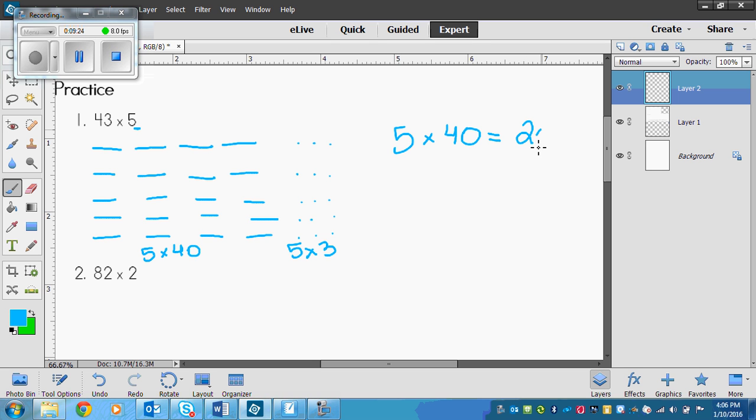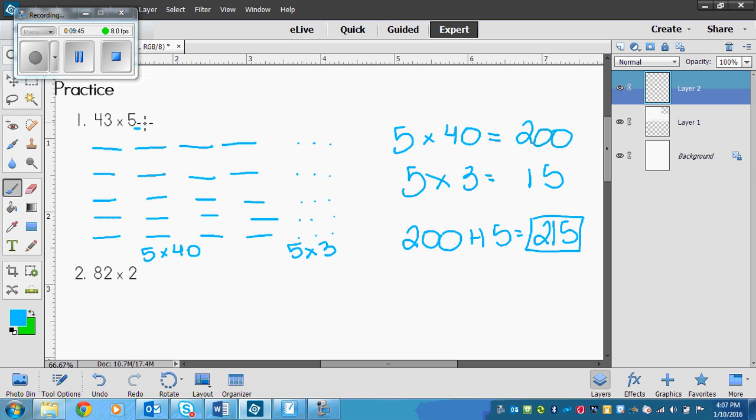And then I put that extra 0 on the end. And then I need to do 5 times 3. That equals 15. So now I add those 2 numbers together. 200 plus 15 equals 215. So that means that 43 times 5 equals 215.